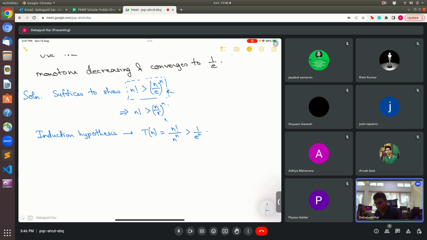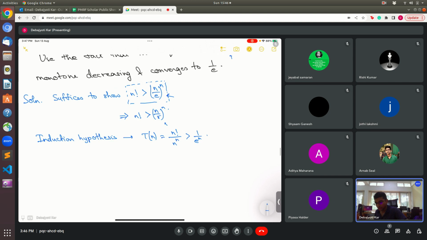We define this quantity n factorial by n to the power n and call this number T of n. What we need to show is that T of n is at least 1 by e to the power n, which will imply that n factorial is more than n by e whole to the power n.